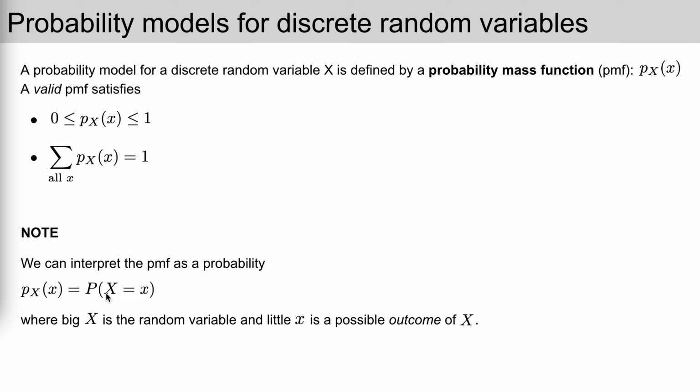It varies from experiment to experiment. In contrast, the little x represents a possible outcome of the random variable. For example, if big X is the number of 6s in 3 dice rolls, a possible outcome or value that we might plug in for little x is 0.